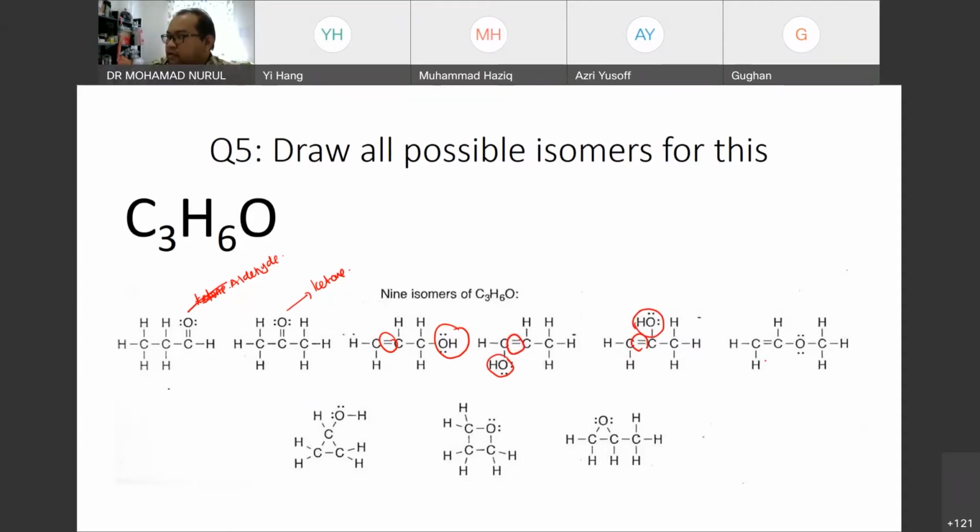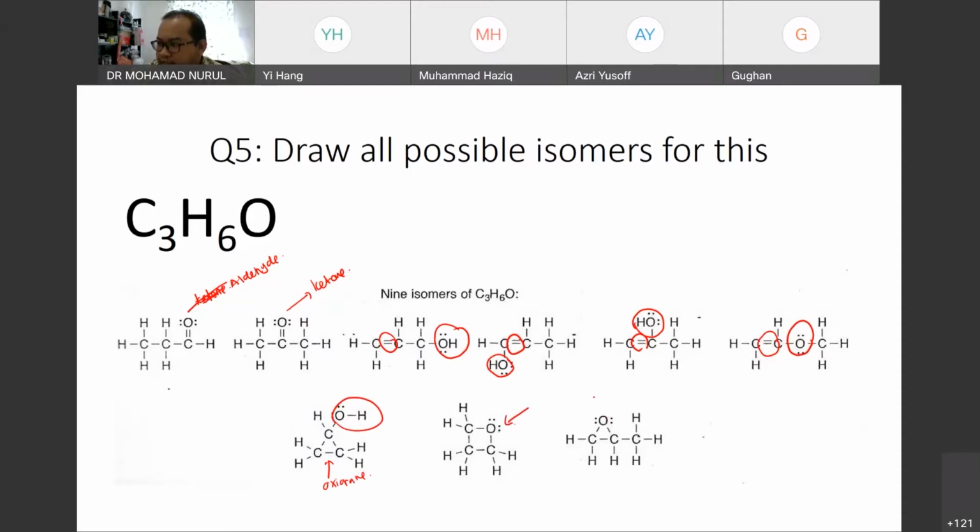And this is a kind of ether, but with the oxygen in the system, not at the branch. And this is an oxirane, with an OH functional group here. And this is another kind of compound.